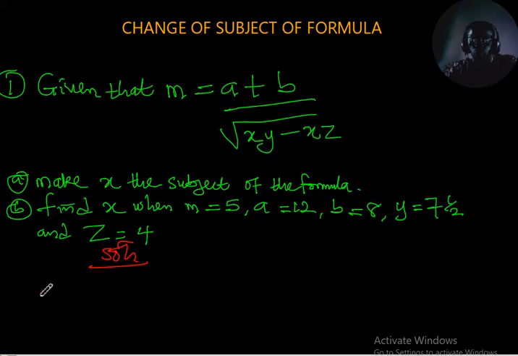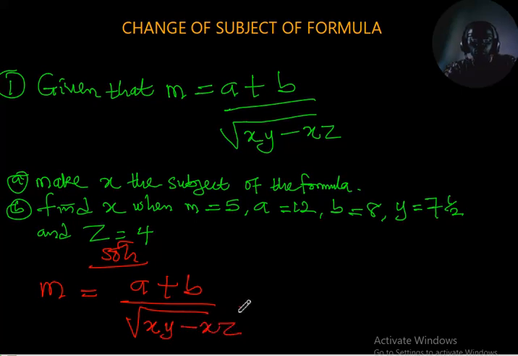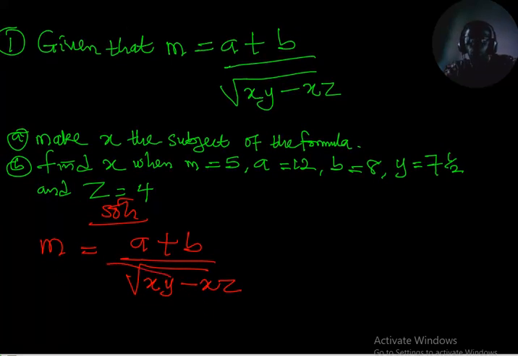bring out the subject, which is m equals a plus b over square root of xy minus xz. This is the equation that is given. First thing I need to do here to simplify this equation is I must cross multiply.